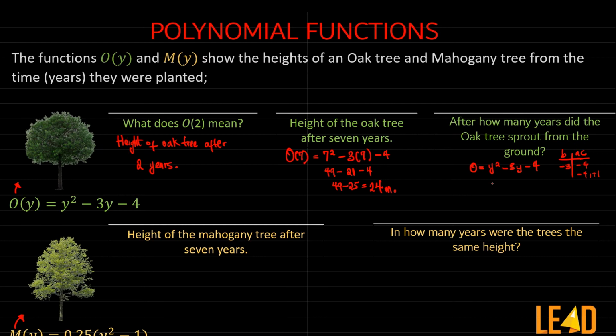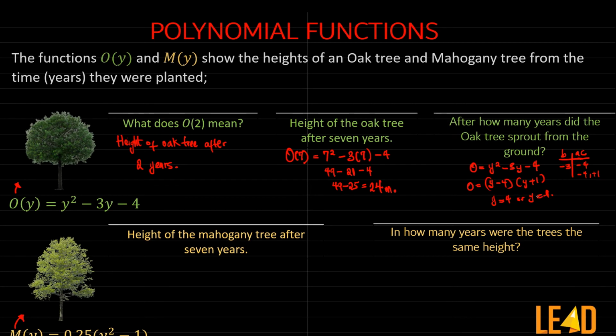So that would be y minus 4 and y plus 1 is equal to 0. So my solutions are y is equal to 4, or y is equal to minus 1 rather.